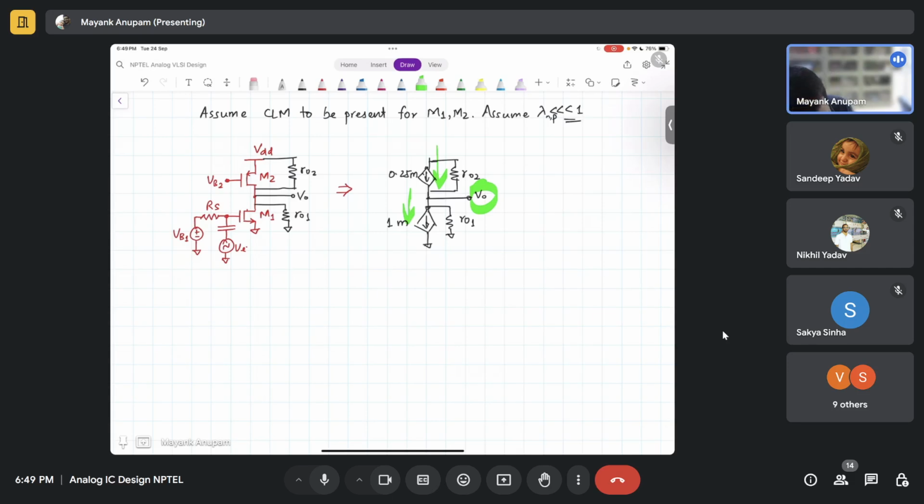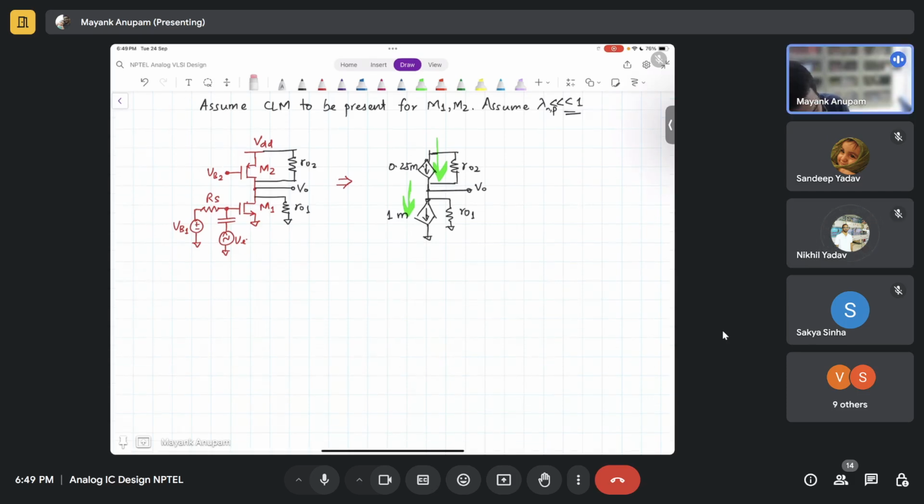Here you can precisely say what the voltage is going to be. You can simply add up the currents. How much is the difference current? 0.75 milliampere, right? So that much current has to come from where? The difference current has to flow through RO2, RO1, right?